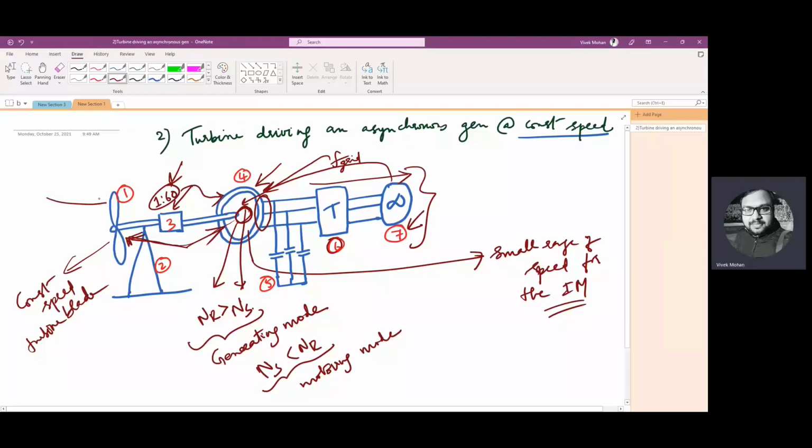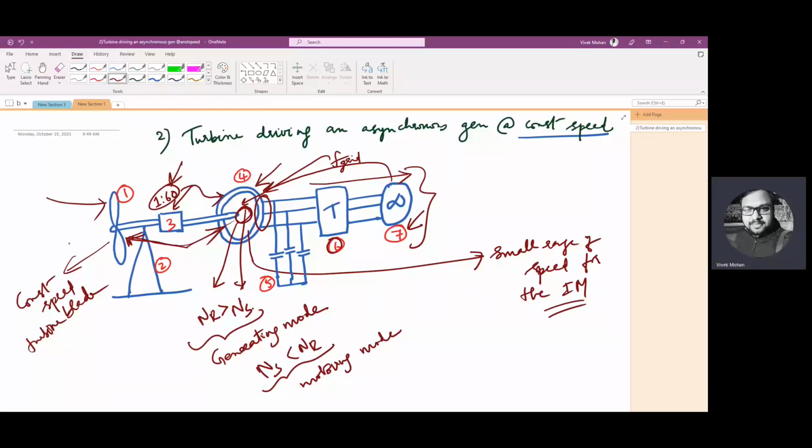So according to the wind speed, the turbine is not moving faster; considerable speed change is not there. Because of this, the problem is it cannot extract the maximum amount of energy in the wind at all times. Accordingly, the speed should change, otherwise that is not happening.